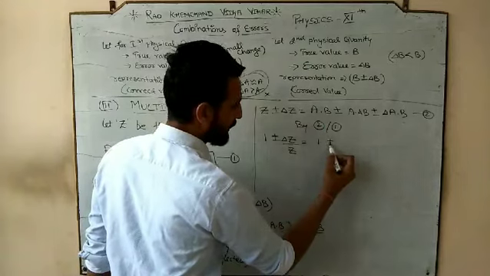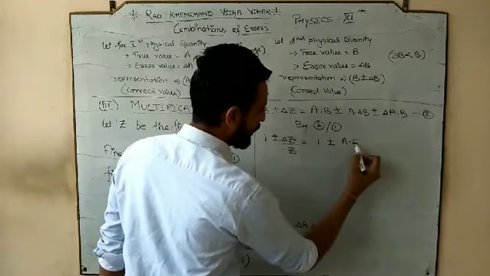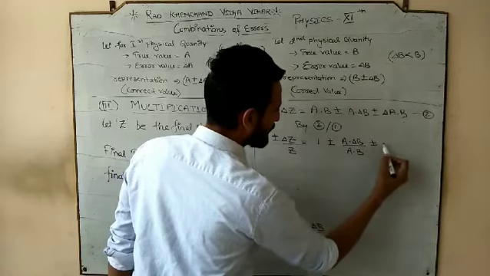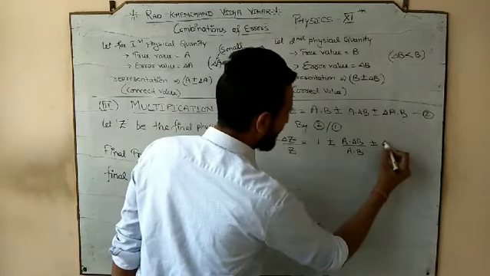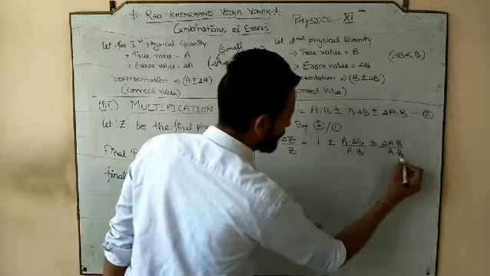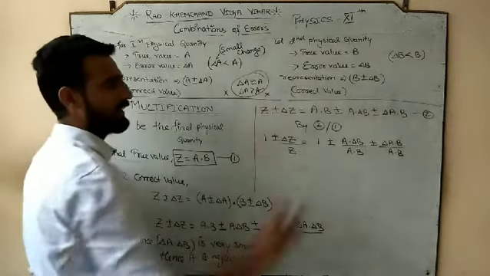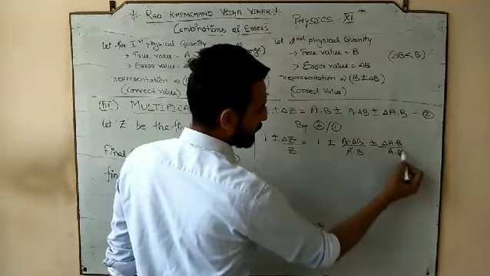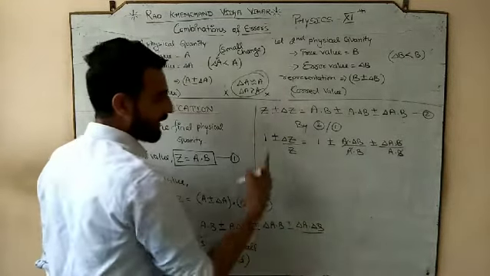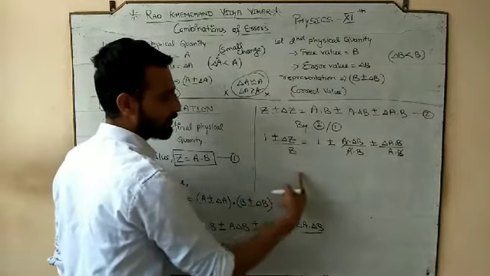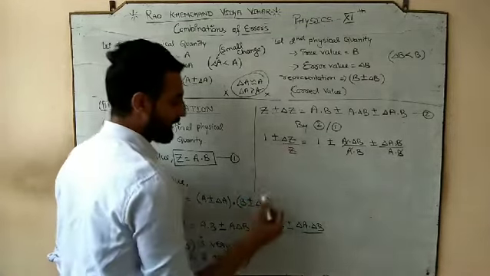It would be 1 plus minus A dot delta B divided by A dot B plus minus delta A dot B divided by A dot B. It is going to divide each and every term on the right hand side. And when we solve this, we get it this way. Here it is 1, here it is 1, both 1s are also cancelled, because when it goes to the right hand side it would be negative.